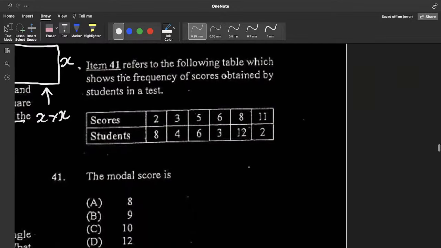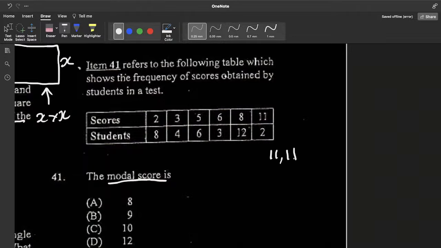Now it says further one refers to the following table. We're trying to figure out what the modal score is. So let's look at all these scores. We have scores that are 2, 3, 5, 6, 8, and 11. They're not asking us the highest score. They're asking us for this. If I'm looking at the number 11, that means two students got 11, so it would be like 11, 11.